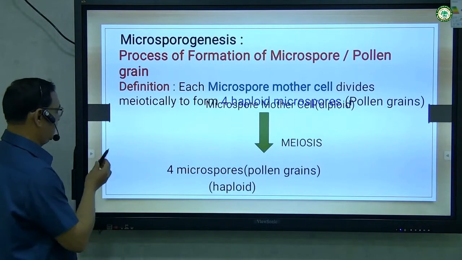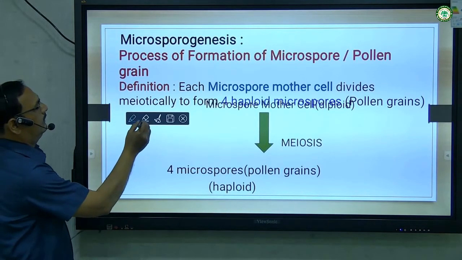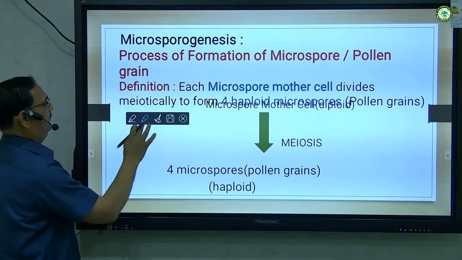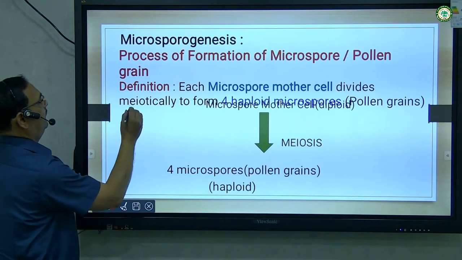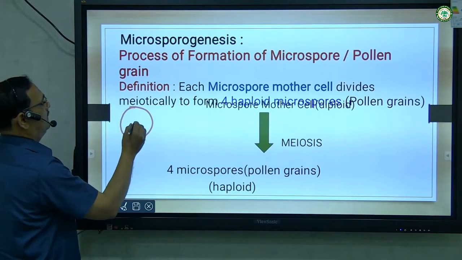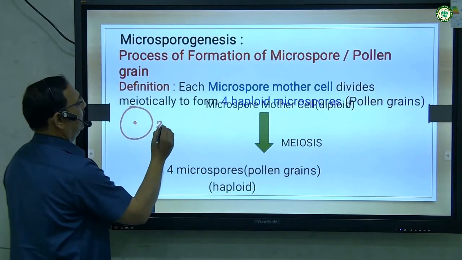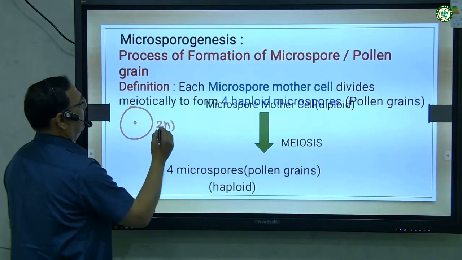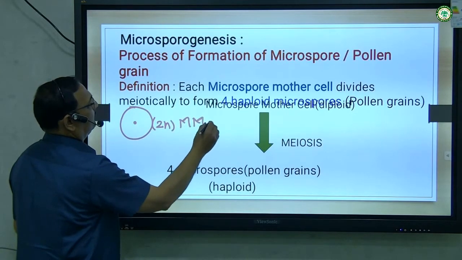So in this case we can have the figure here. Suppose this is the diploid microspore mother cell.